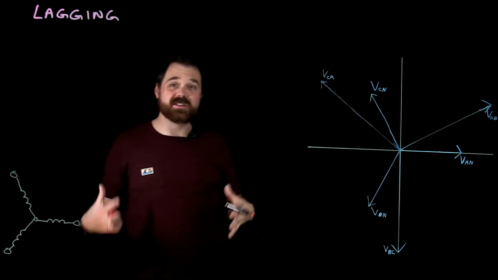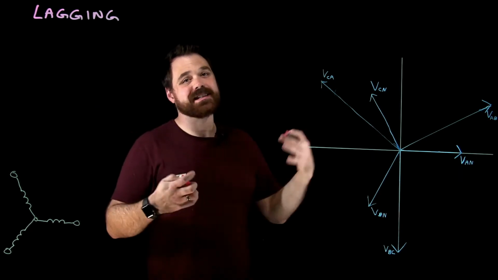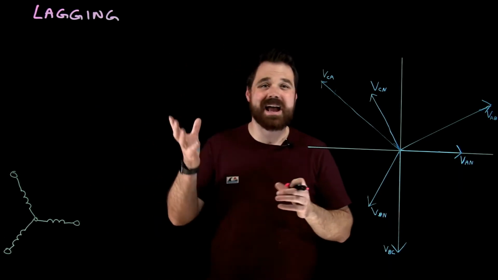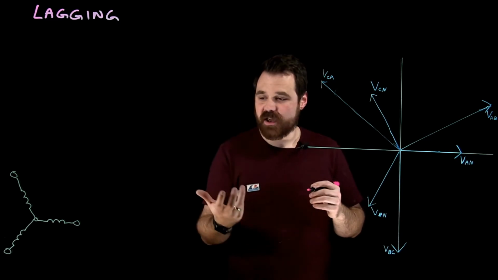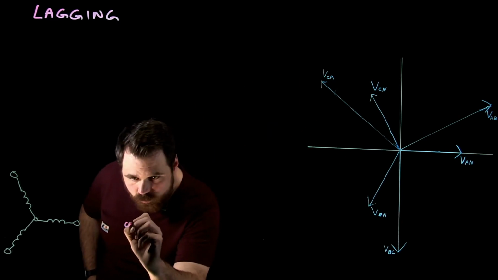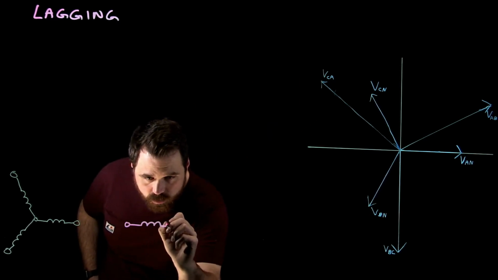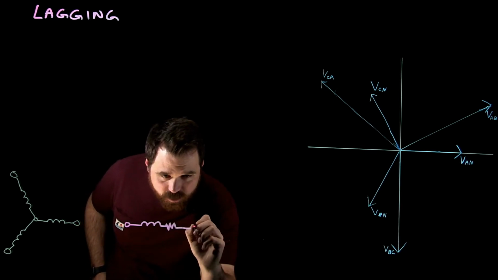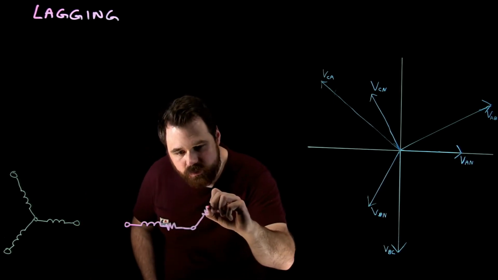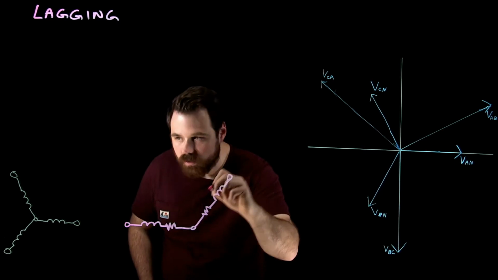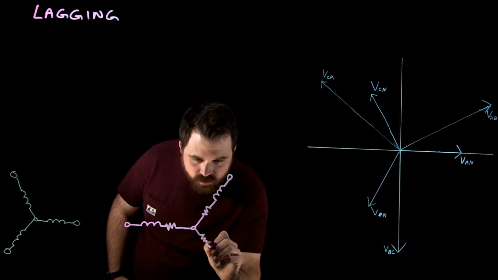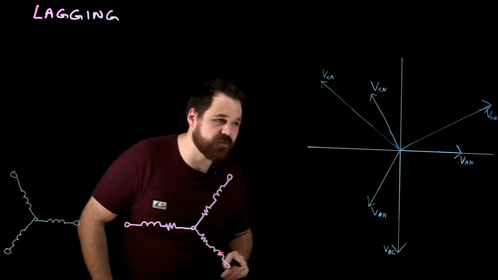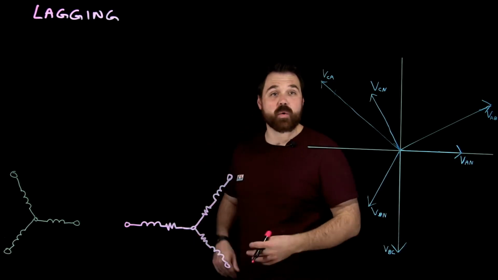Because of the inductance within the motor causing current to lag voltage, a motor is a lagging load. Now, in each phase of a motor, there's a resistive component and an inductive component, but the impedance in each phase is going to be equal.